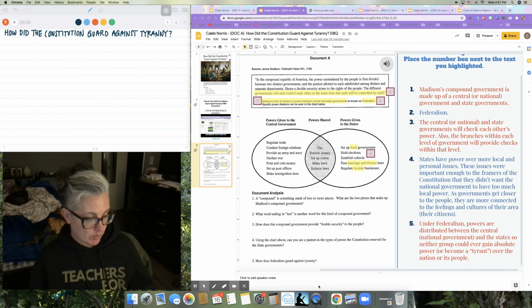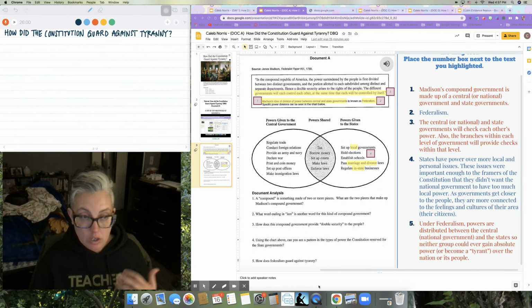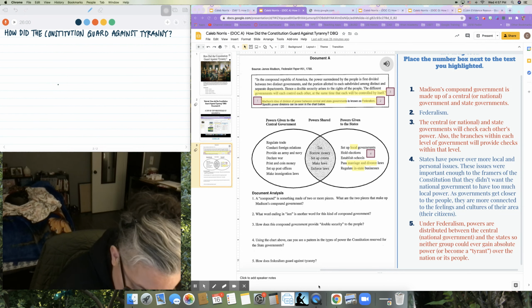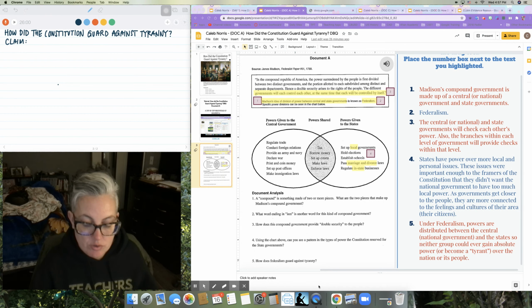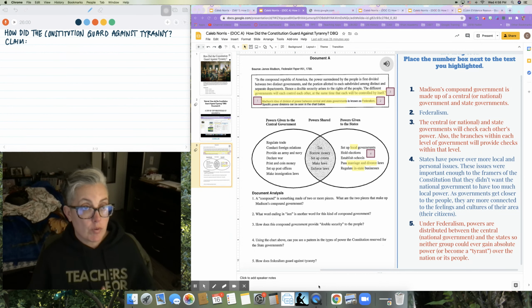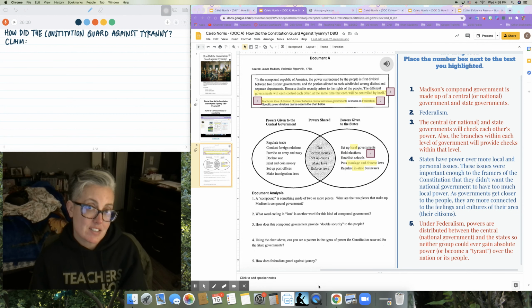The first thing that we want to do is make a claim, and we're talking again about federalism, so we want to talk about that in our claim. I'm going to start with claim, and this is how I am doing my outline. If your ELA teacher shows you a different way, then when you are writing your own paper, please make sure that you use that. What I write, you write as well for this time around.